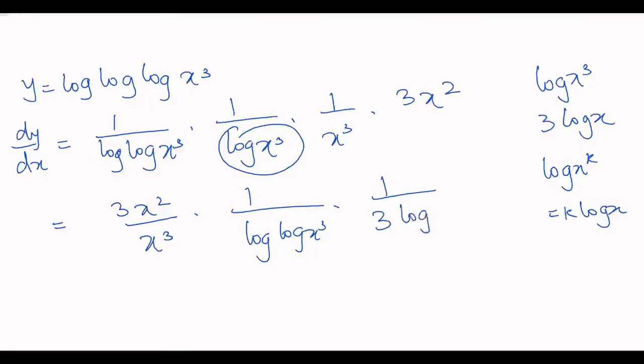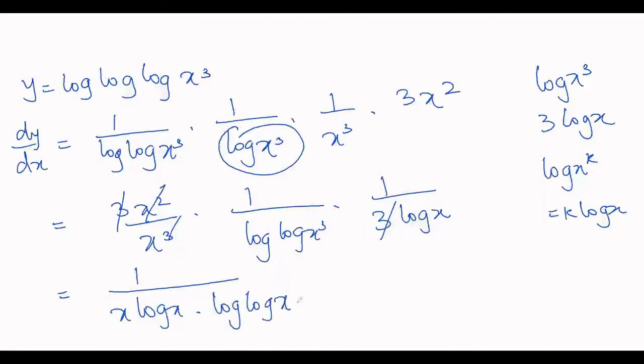So here 3 cancels and I have x left here. So my final answer can be written in this form: 1 by x log x into log of log x cubed. Clear this?